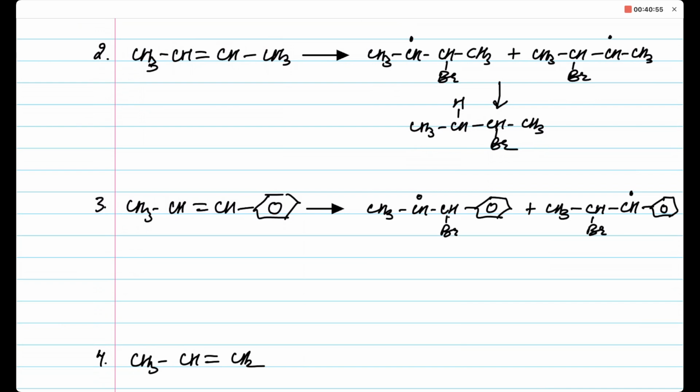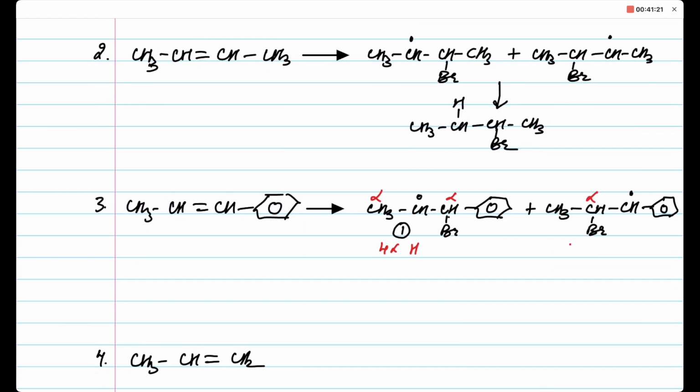So, what we find here, if we consider the first radical, we do not have conjugation, we do not have aromaticity, but we do have hyperconjugation. This is the alpha carbon, this is the alpha carbon, and we have four alpha hydrogens hyperconjugating here. And if we talk about the second one, this is the alpha carbon.